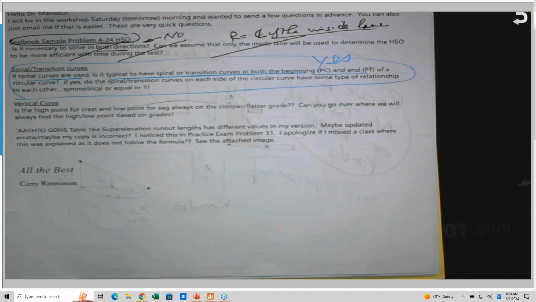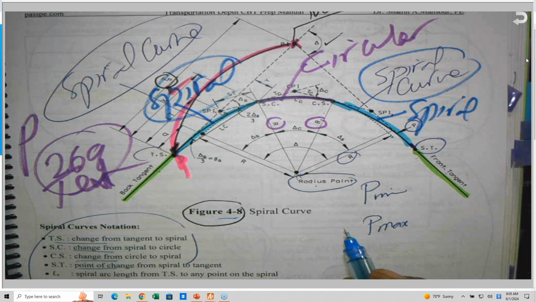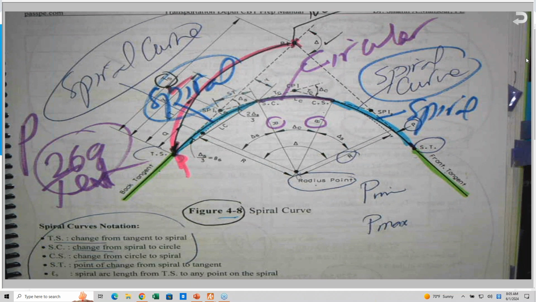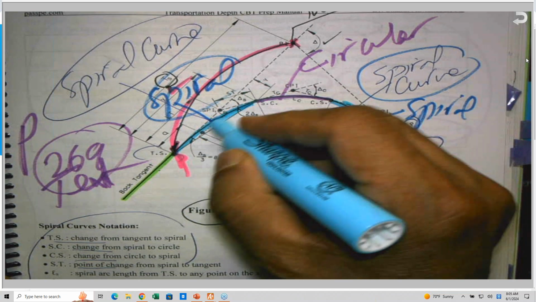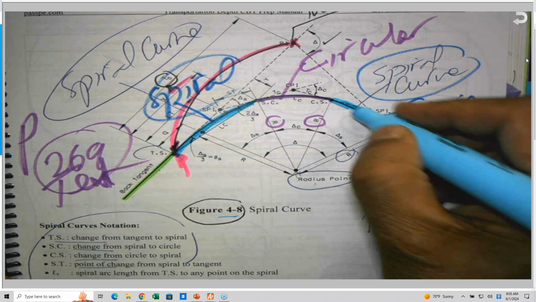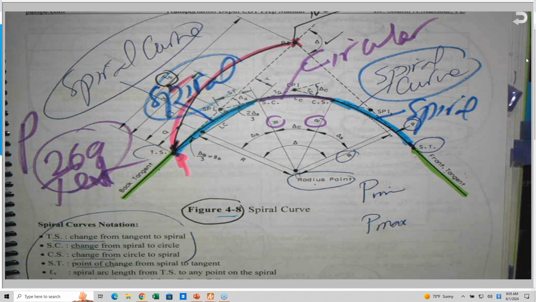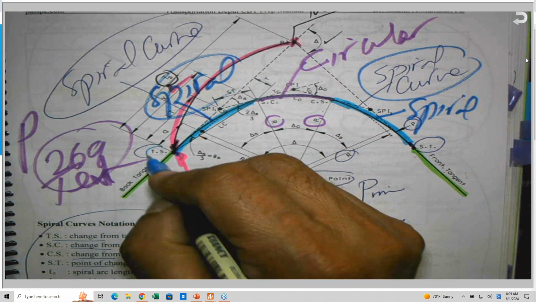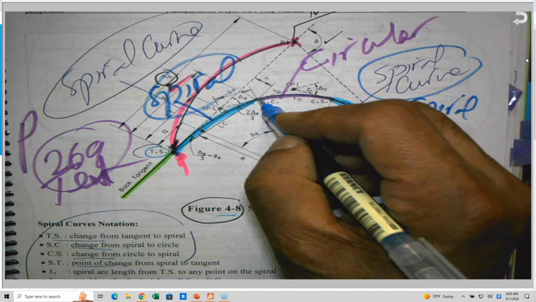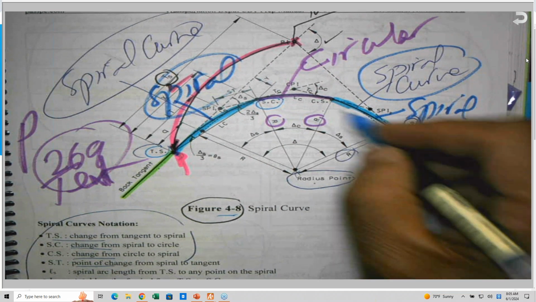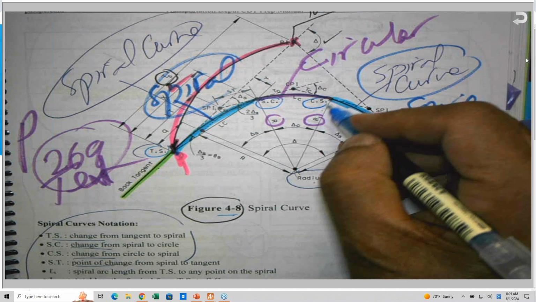If you look at Figure 4.8 of my book, you will find that the transition curves are provided, which I colored blue, one at each end. This is tangent to spiral, TS, and this is spiral to curve, SC, and this point here is curve to spiral, CS.